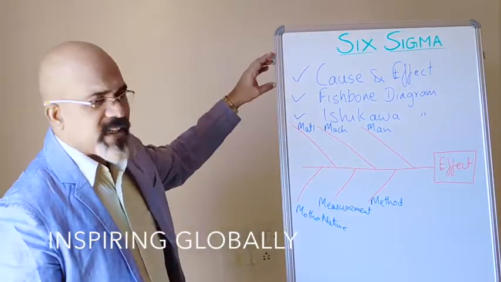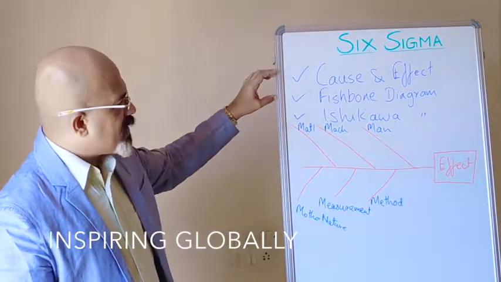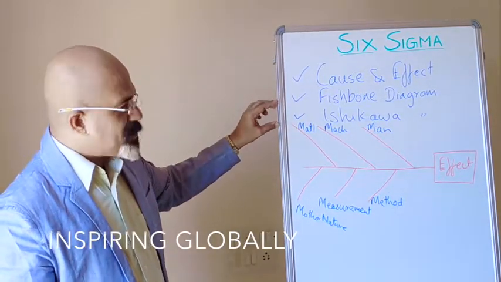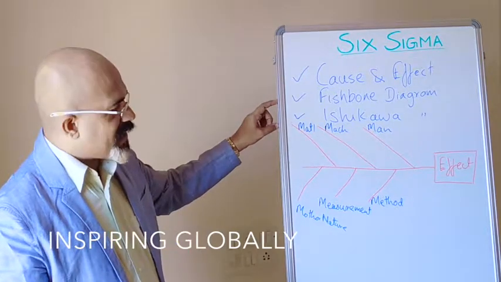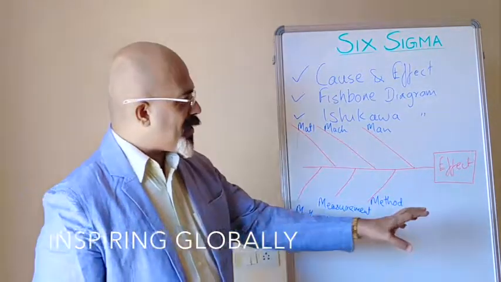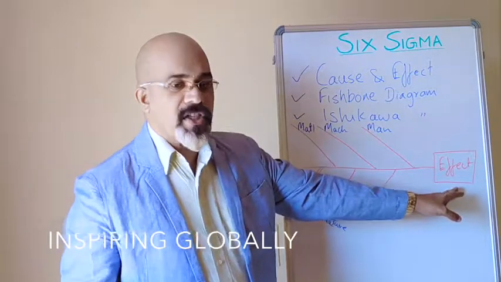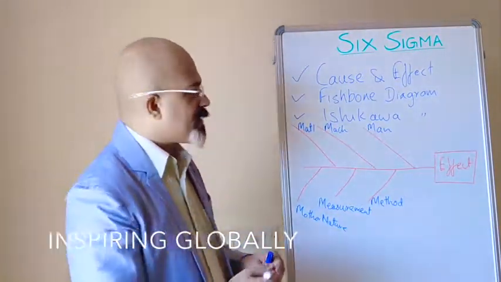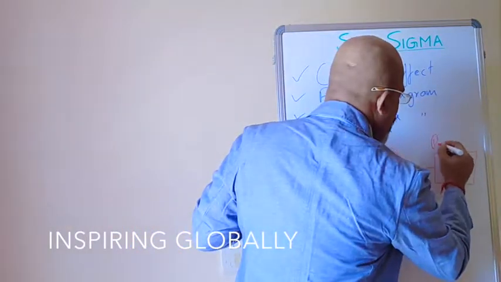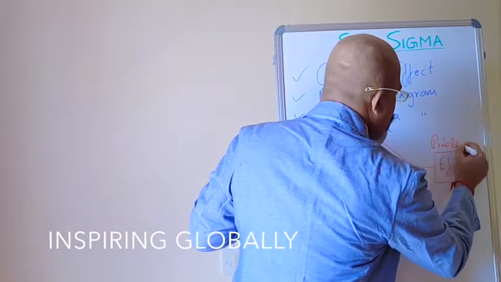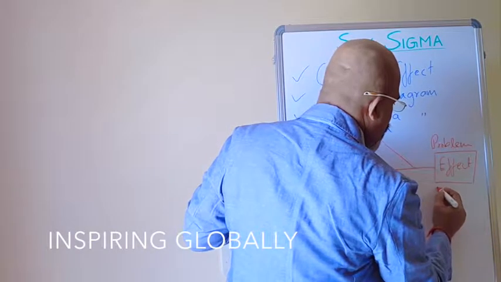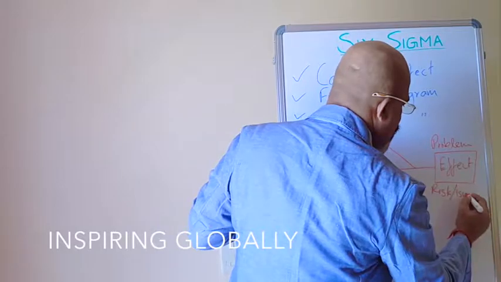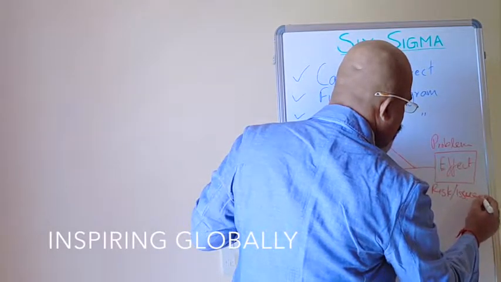So the cause and effect diagram, which looks like a fishbone, and that is why it's called fishbone diagram, developed by Ishikawa, is also called Ishikawa diagram, is used to find out what could be the potential causes of a particular effect. This effect could be a problem or risk or issues.